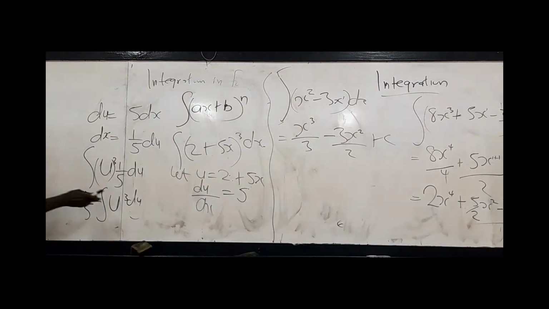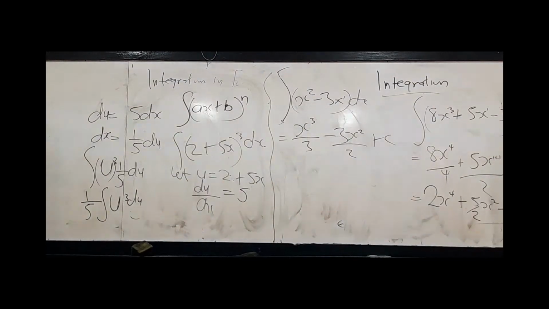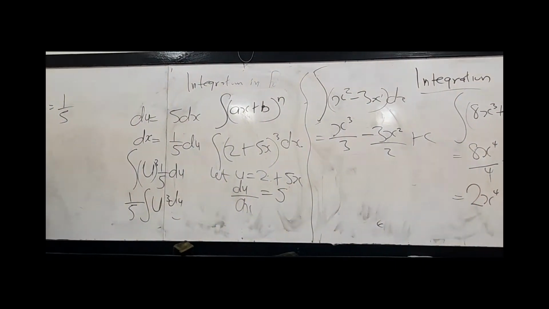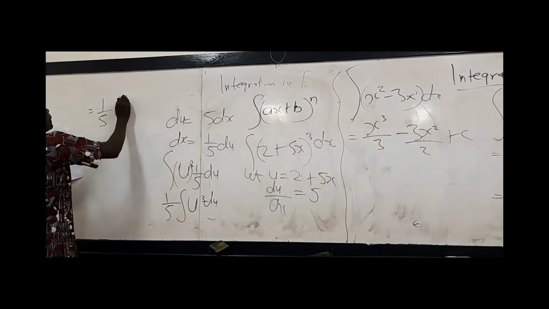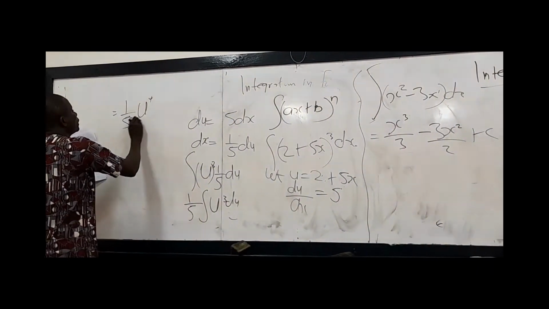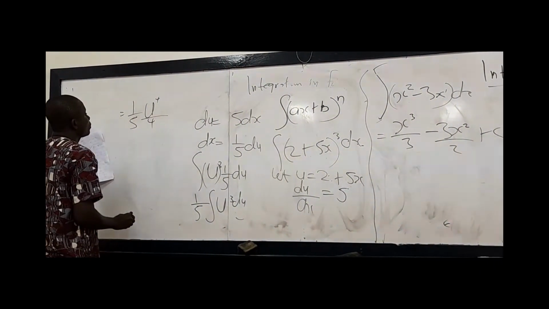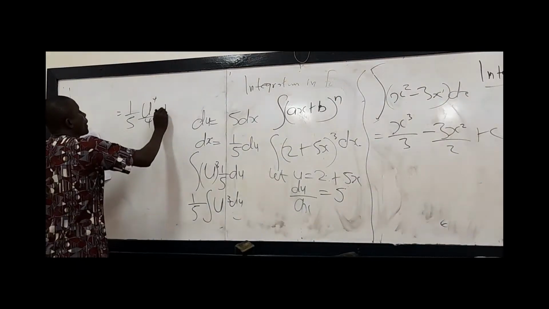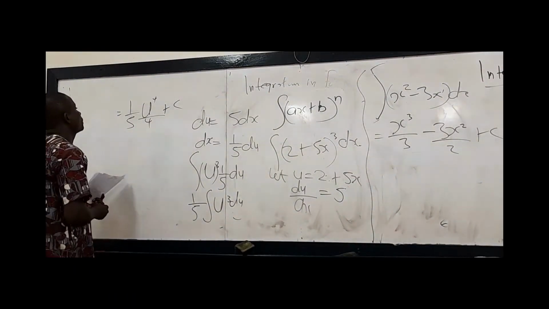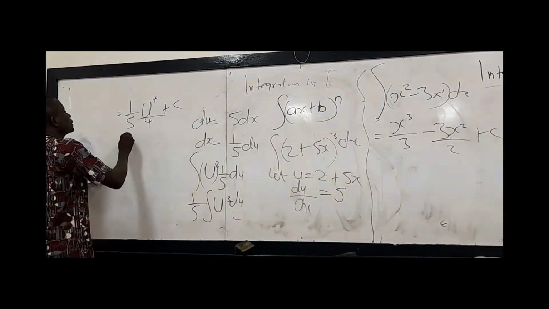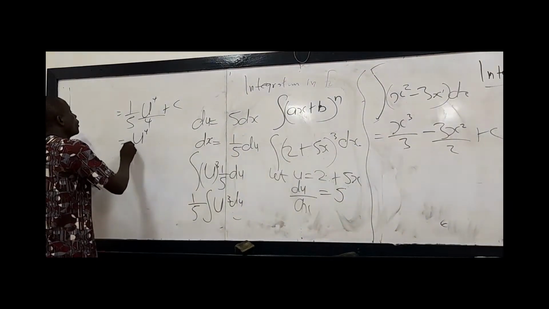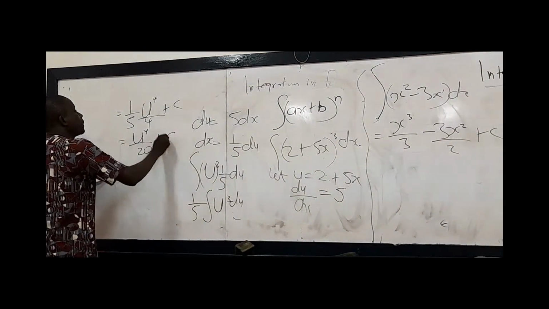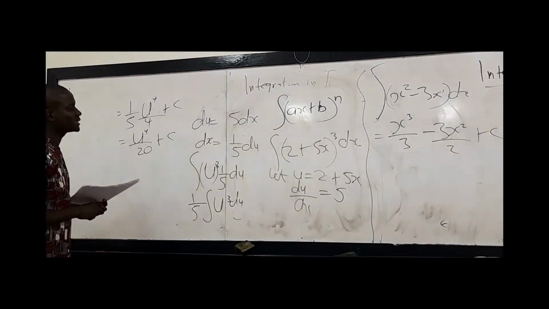So how do we integrate this? It becomes 1 over 5 u to the power 4, because we add 1 to it, over 4, plus c. So in effect, I'm going to get u^4 over 20 plus c. And remember that our u is what?